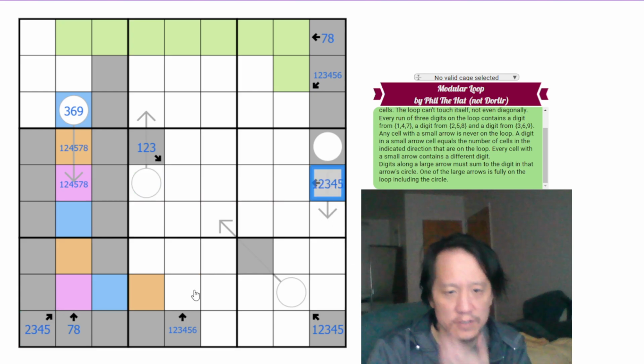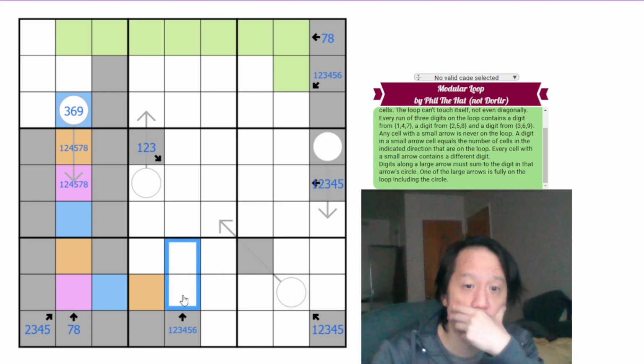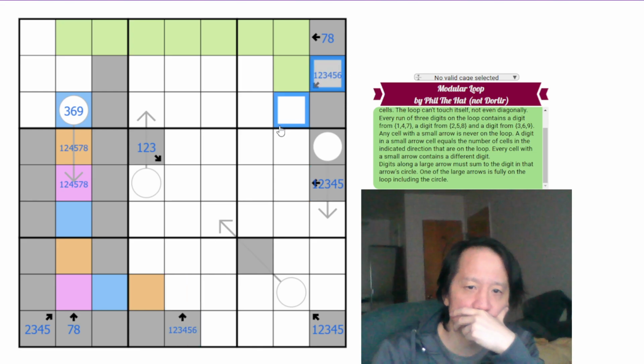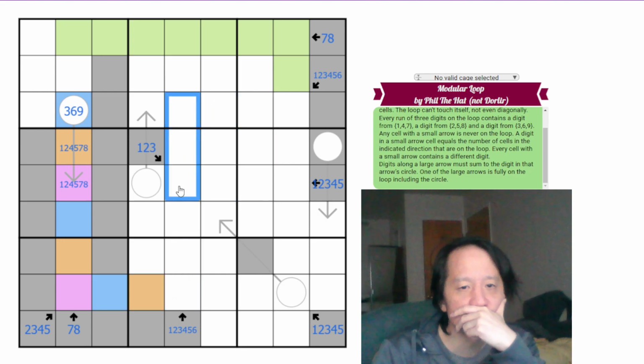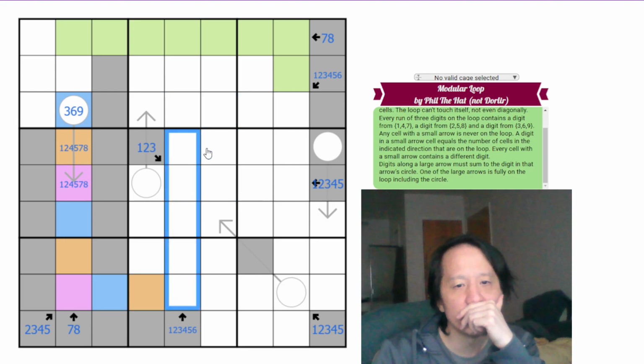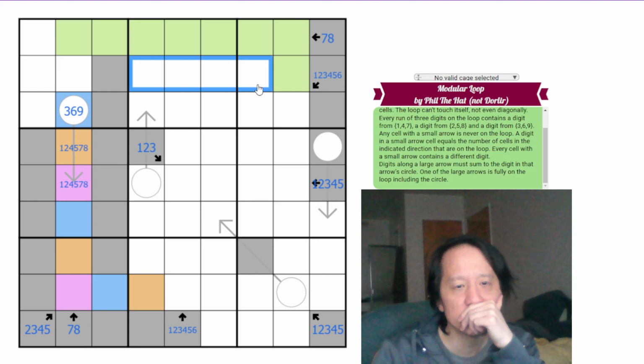This can't be 6. What about this? So it's either down this diagonal, which seemed like it was working, or it's this. But this lifts a decent amount. Okay, these are not valid.